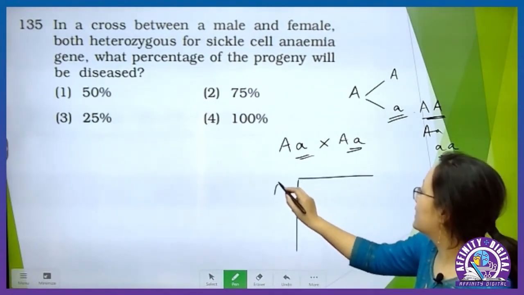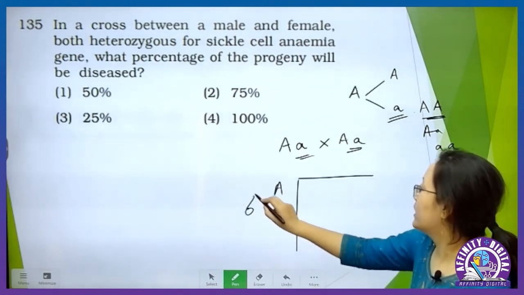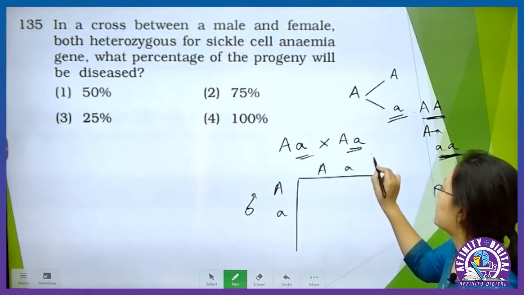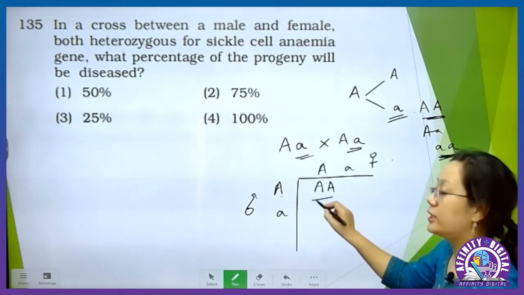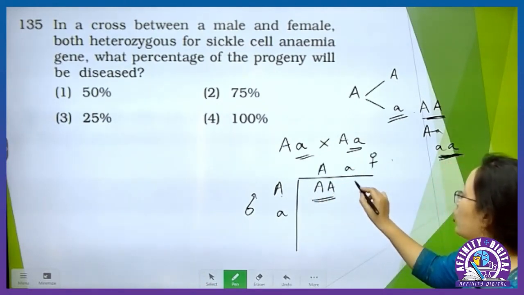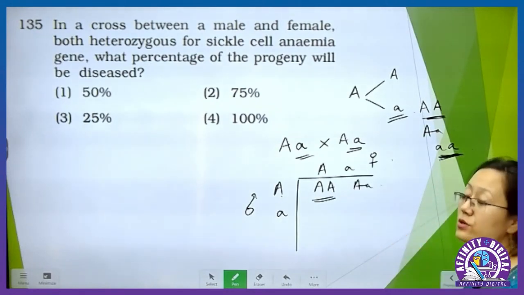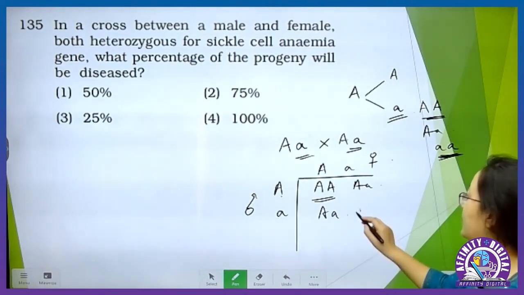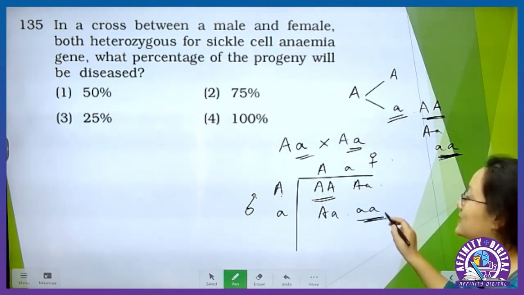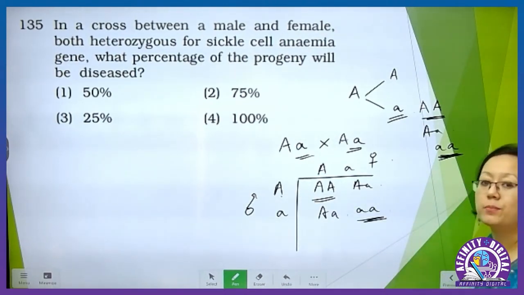So in that case, this male and this female, if you cross them, this will be a totally normal person with normal hemoglobin. This will be heterozygous, a carrier, and this person will be a diseased sickle cell anemic patient.